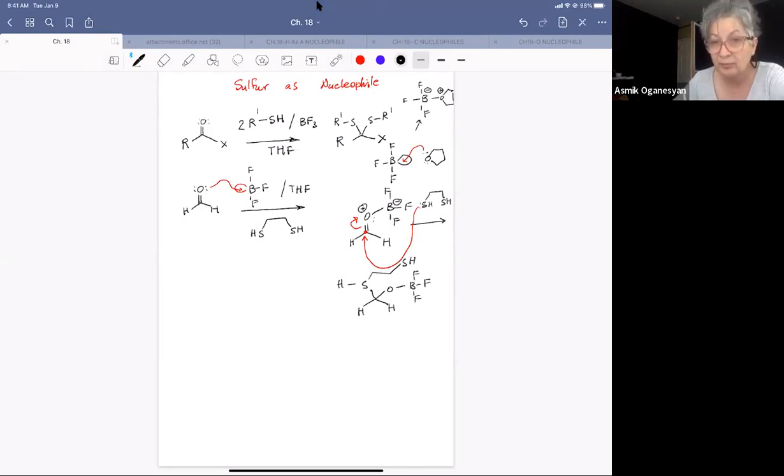Okay. Now, I need that complex to leave, the one that has oxygen with boron trifluoride on. And my sulfur is carrying a positive charge here. I can perform a quick proton shift.